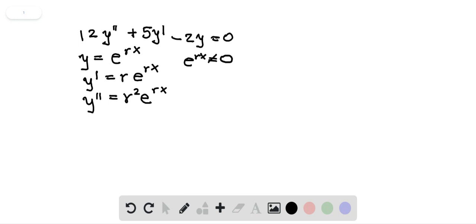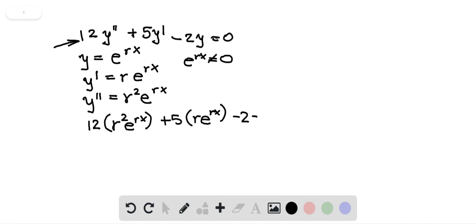Let's replace in the above equation. So we have 12 times r to the second e to rx plus 5 times r e to rx minus 2 e to rx equals 0.